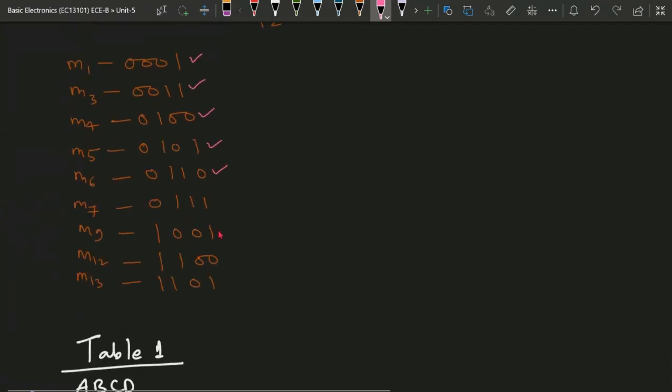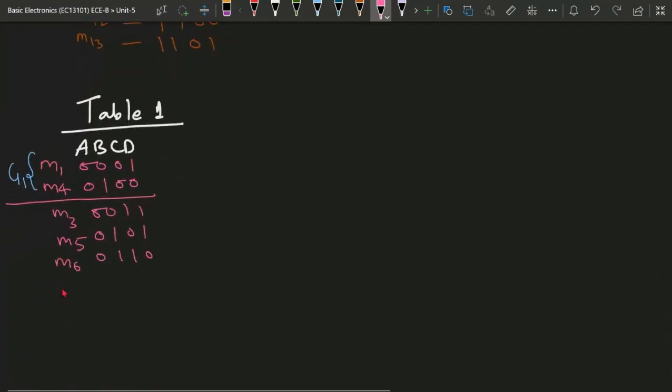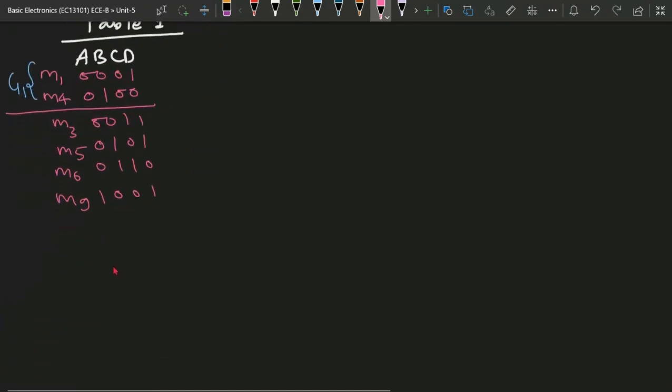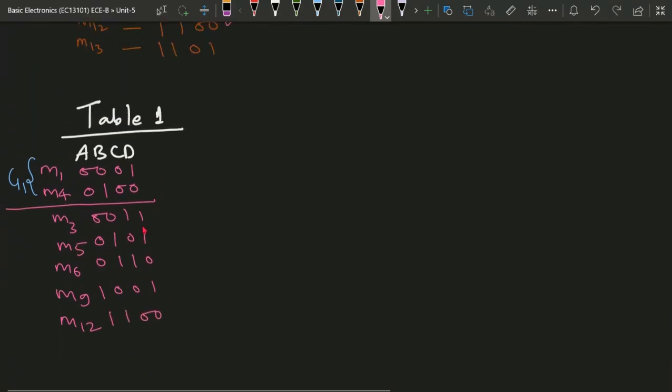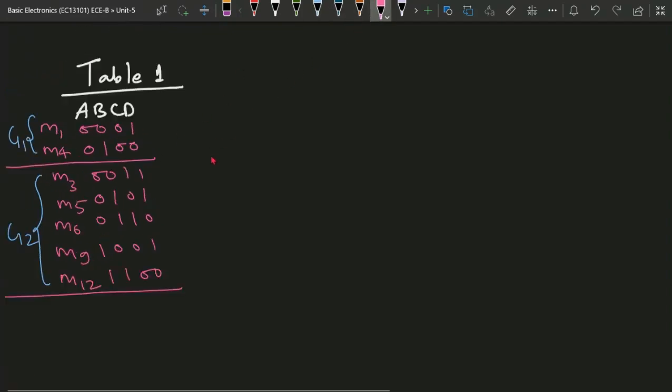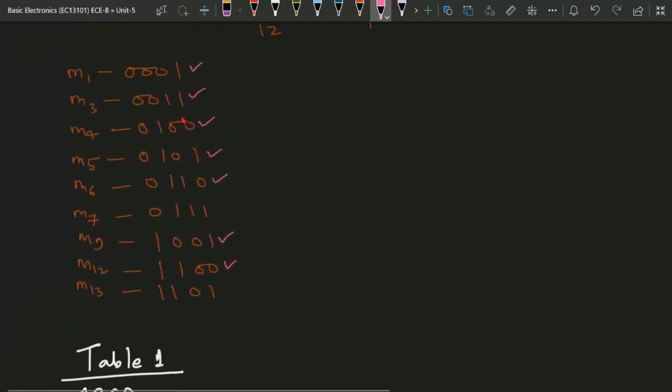M7 is 3. M9 is having 2. So M9 is 1001. M12 is also having 2. So M12 is 1100. Okay, so that many terms are having 2 number of ones. So this will be coming under group 2.